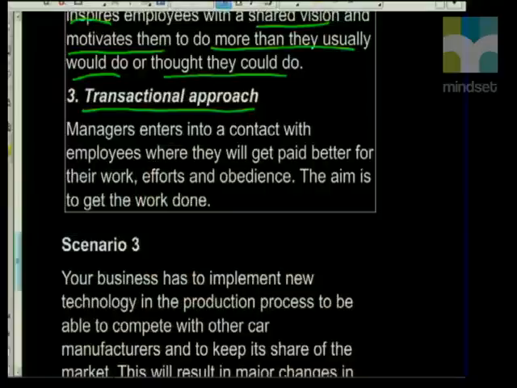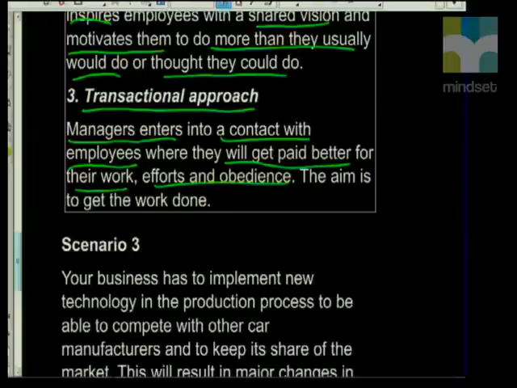The third approach that you could use would be transactional approach again. Now, managers enter into a contract with employees where they will get paid better for their work, efforts, and obedience. Now, the aim is to get the work done.